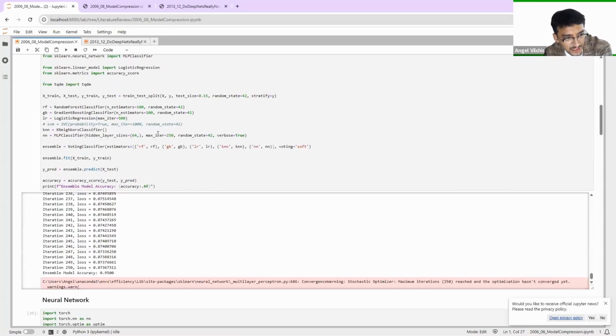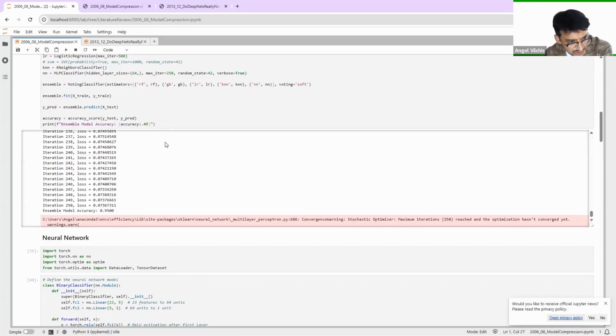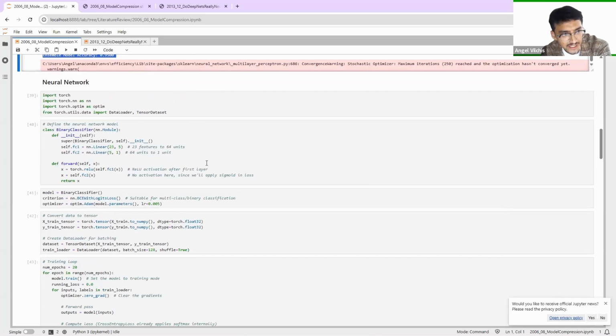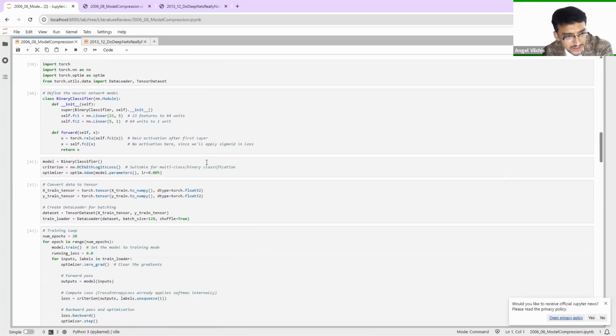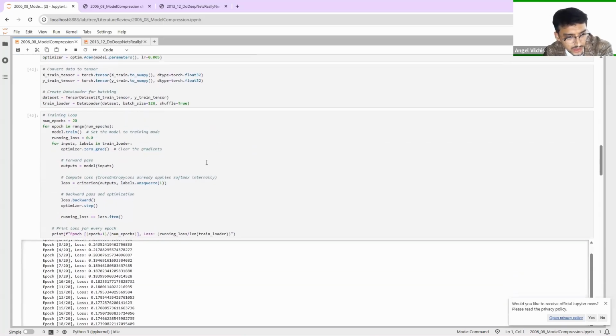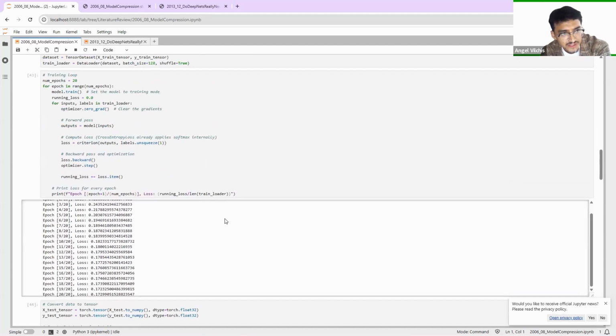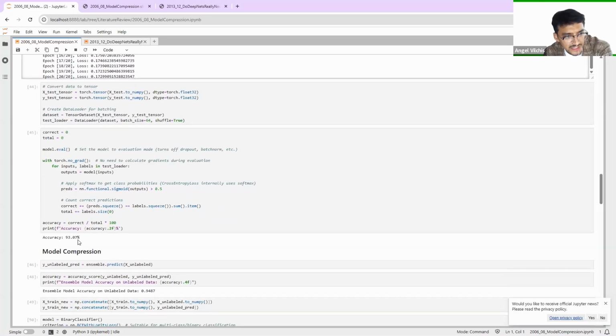And we train the ensemble on the labeled examples, and we get 95% accuracy. Now we train a small model on the same original labeled data set, and we get an accuracy of about 93%. So there's a difference of about 2% accuracy between the ensemble and the neural network.